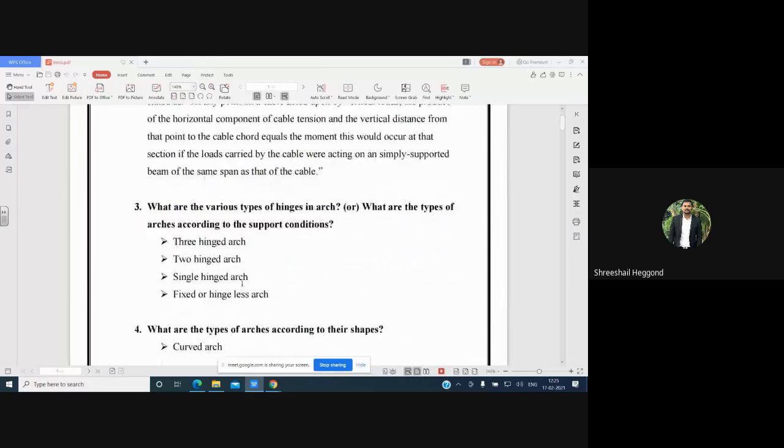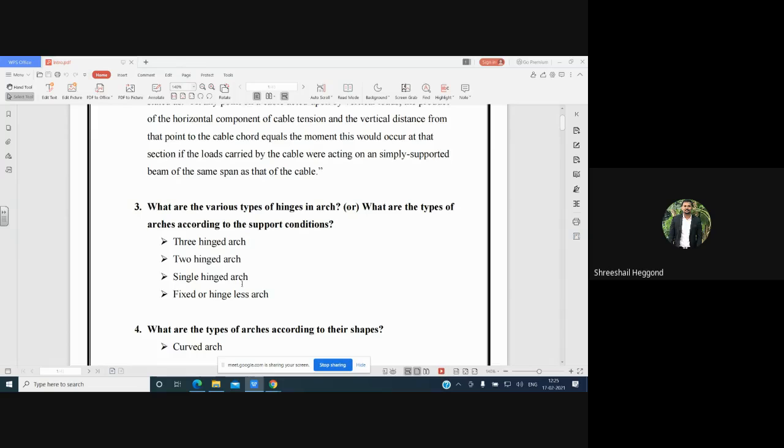The types of hinges in arches will be divided as the 3-hinge arch, 2-hinge arch, single hinge arch, and fixed or hingeless arch. Various categories of arches are 3-hinge, 2-hinge, single hinge, and fixed arch, as well as no-hinge arch. The classification depends upon the number of hinges involved in the arch.